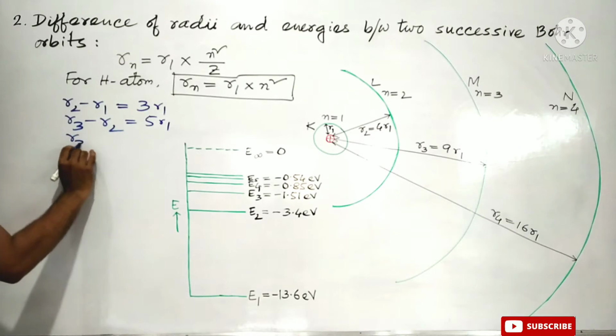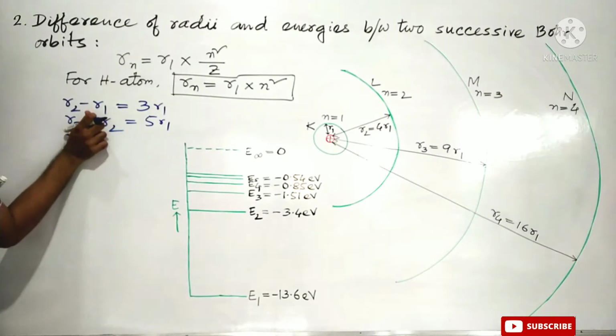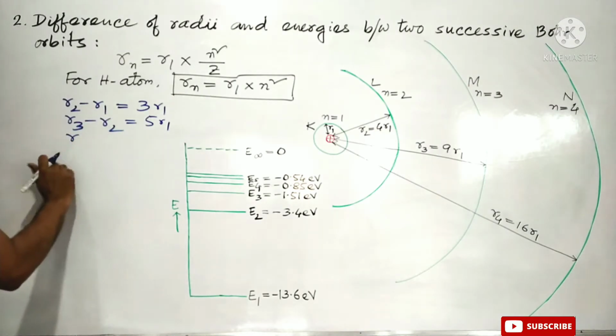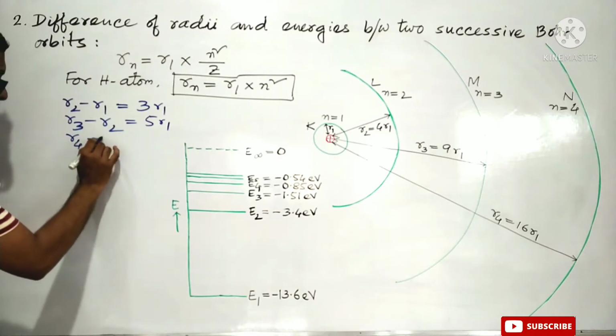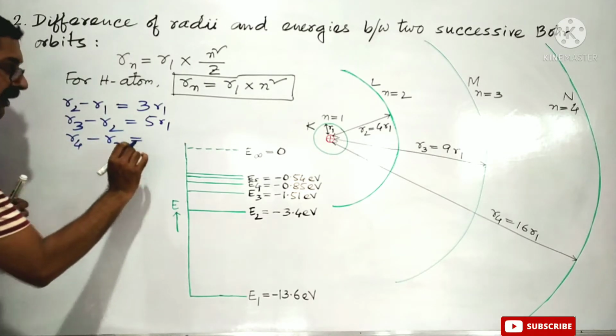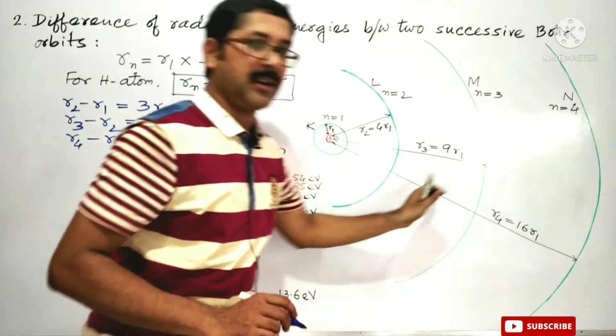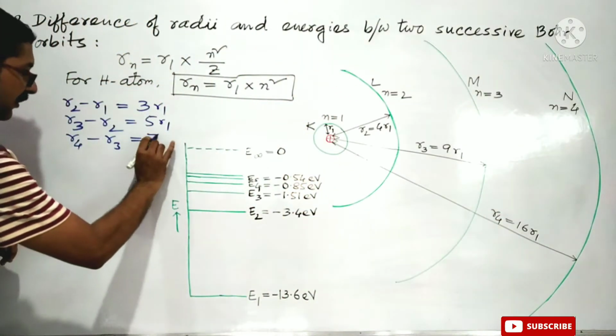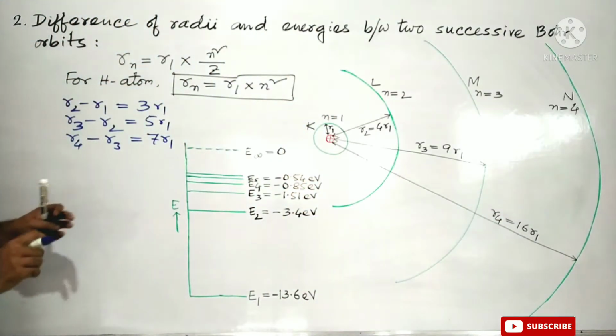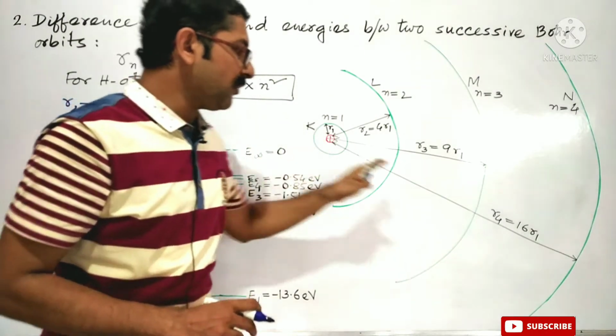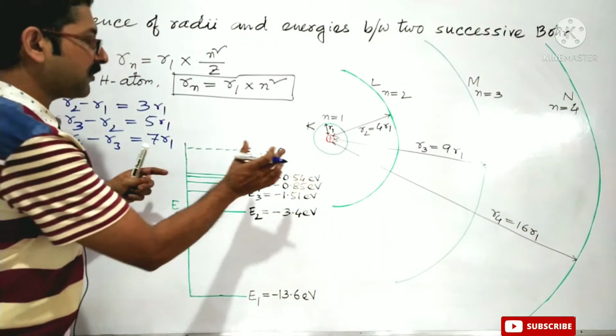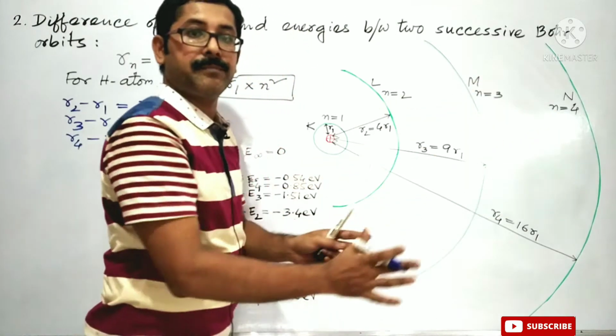The difference between the fourth orbit and third orbit is R4 minus R3, equal to 16 minus 9, this is 7 R1. So as we go further from the nucleus, the difference in radius is increasing.